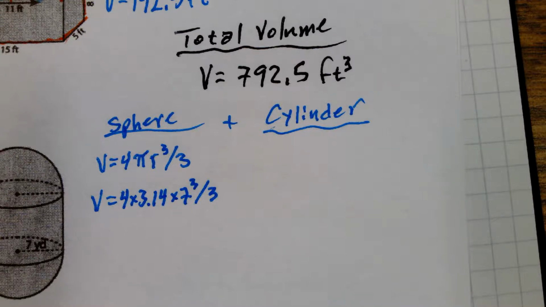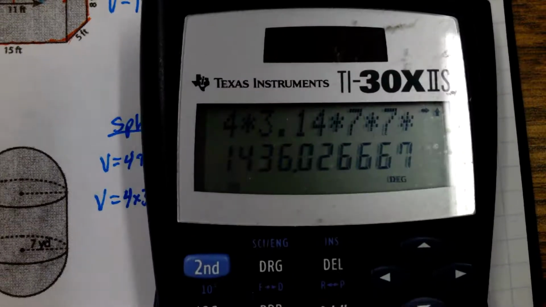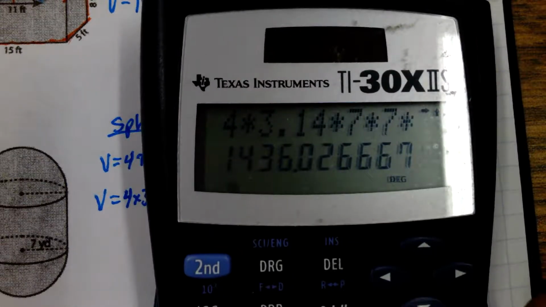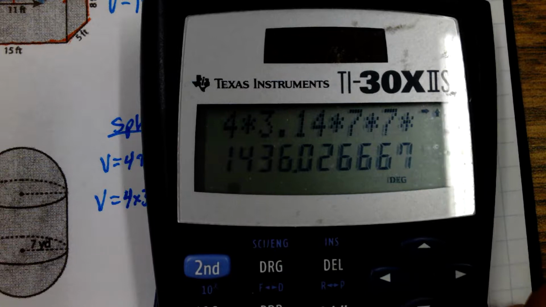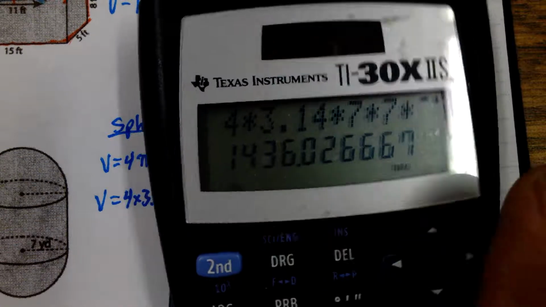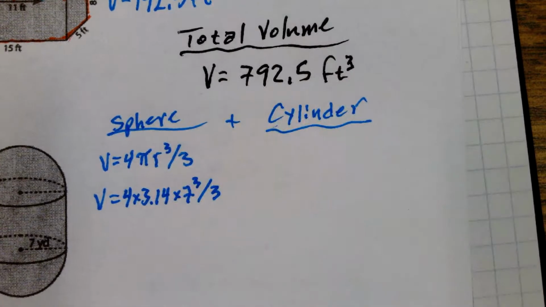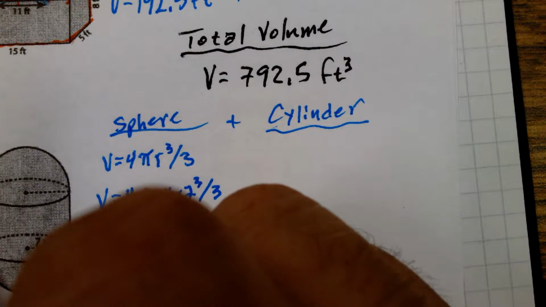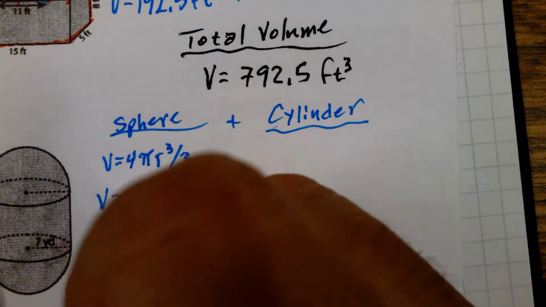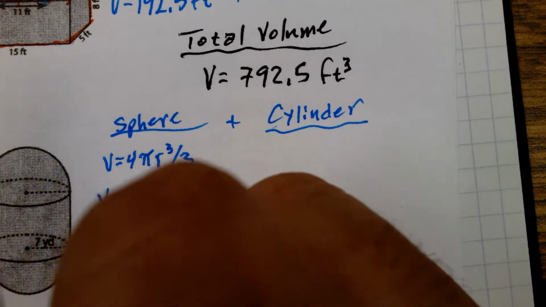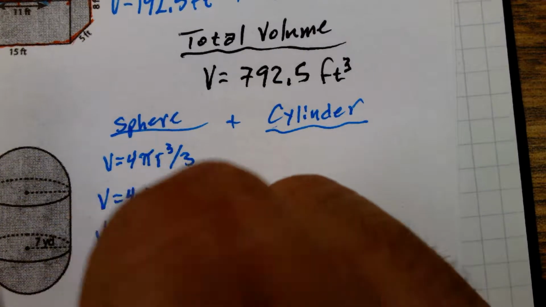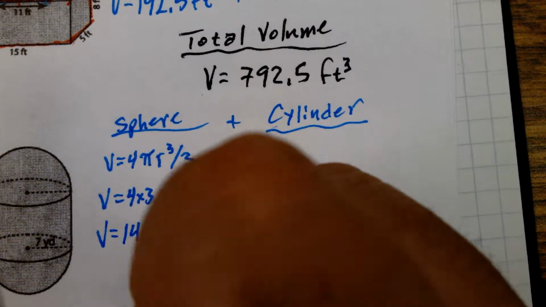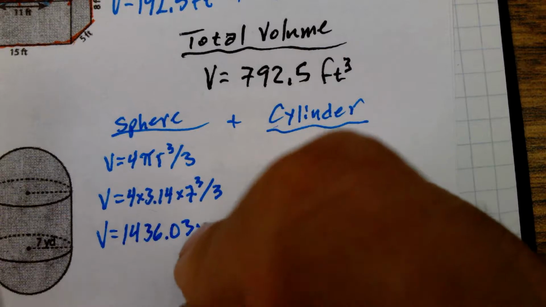And you get 1,436.02. 0.03, sorry. We're rounding it to the nearest hundredth. All right, so 1,436.03, and that's cubic yards.